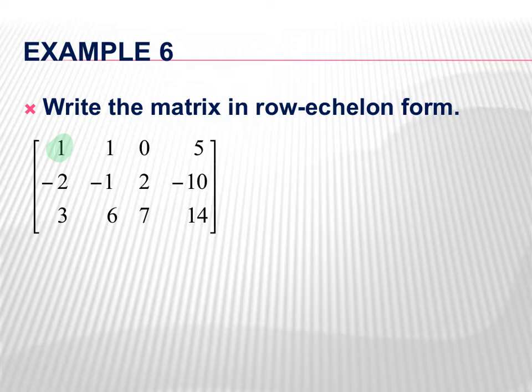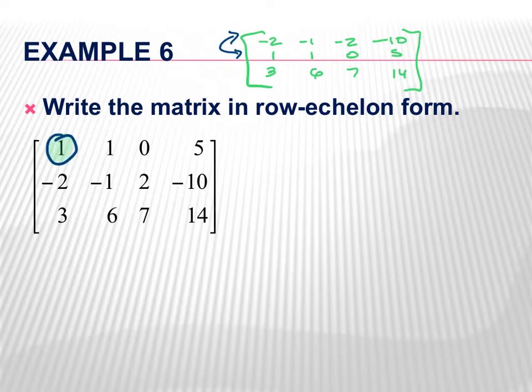If that was not a 1, so let's say that I had -2, -1, -2, -10, 1, 1, 0, 5, 3, 6, 7, 14. Let's say it started like that, then I would switch these to begin with. I would avoid fractions for as long as you possibly can. So that 1 is already in that spot, right?